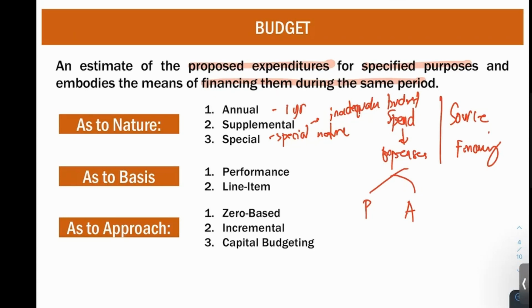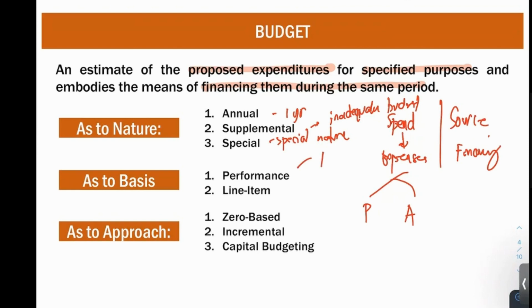You will list per line item of expense, and we create a budget based on that. While for performance, you emphasize the program or services which you will perform, and based on that, you create a budget. Performance: based on program or services, we create a budget. Line item: based on the line items of your expenses, we create a budget.